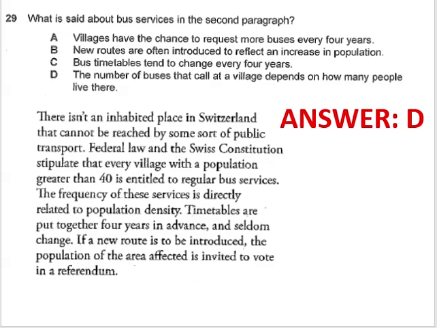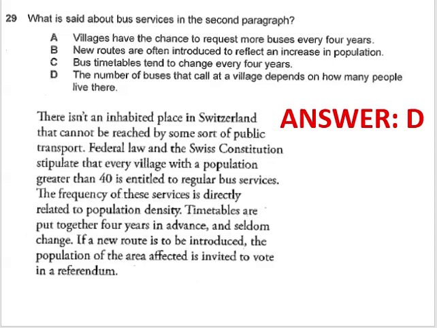So every place, every nook and corner of Switzerland is well connected by a network of public transport. That is what he's mentioning. Then federal law and the Swiss constitution stipulate that every village with a population greater than 40 is entitled to regular bus services. So here we are getting the keyword.